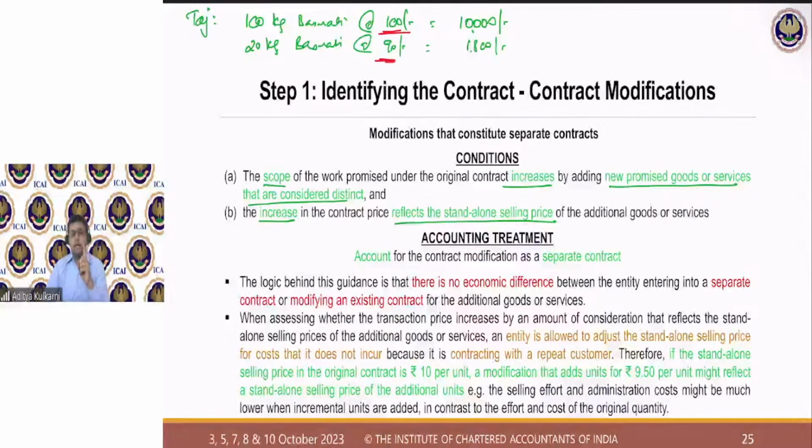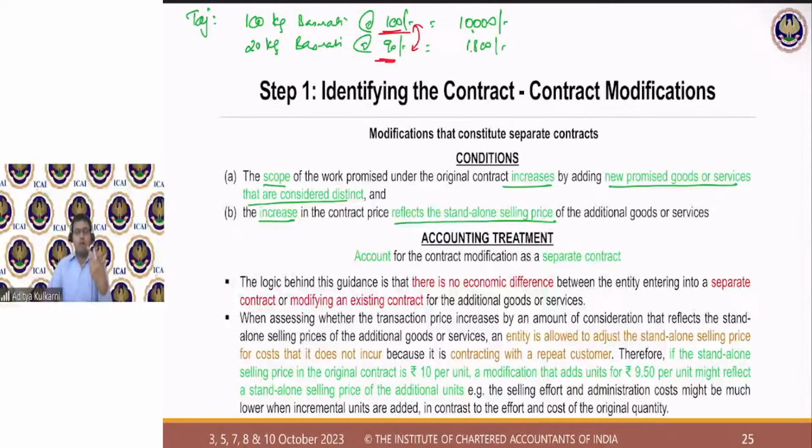No, that is not the understanding. When I say standalone selling price, I don't mean that it should be equal to all the goods sold in that particular contract or in and around that particular time frame. Not necessary. See, I sold 100 kgs the first time. The next time it turns out to be a bulk order, and therefore I could possibly be achieving economies of scale by placing an order with the same customer.